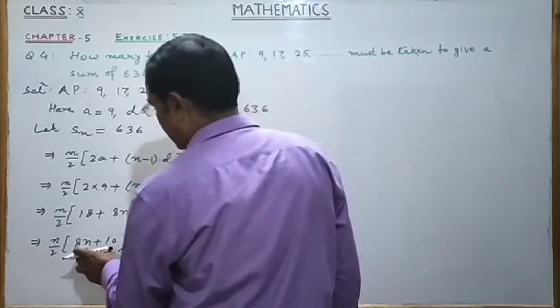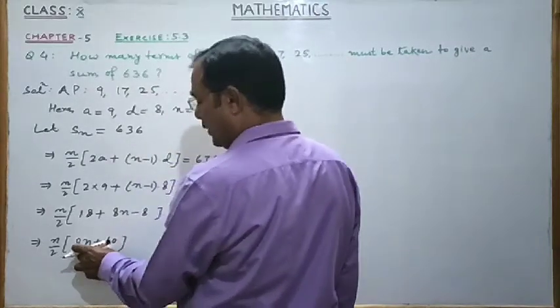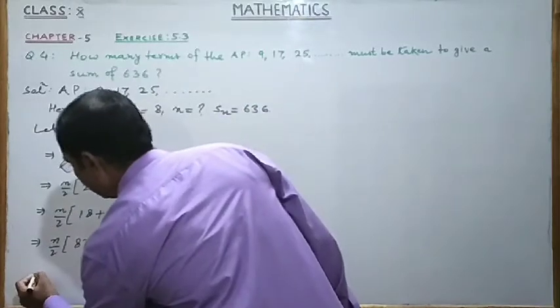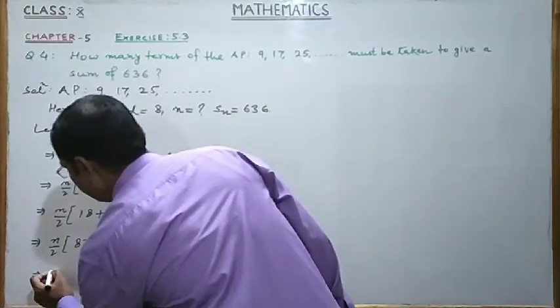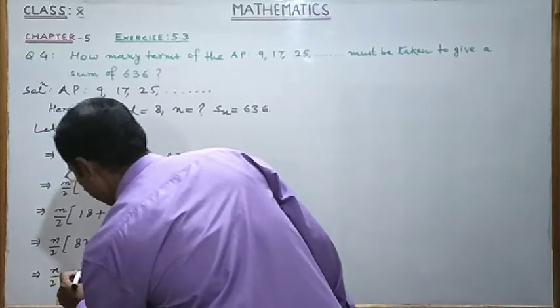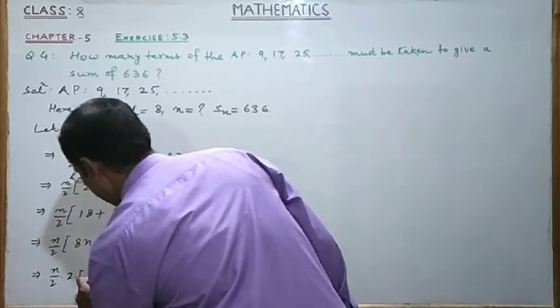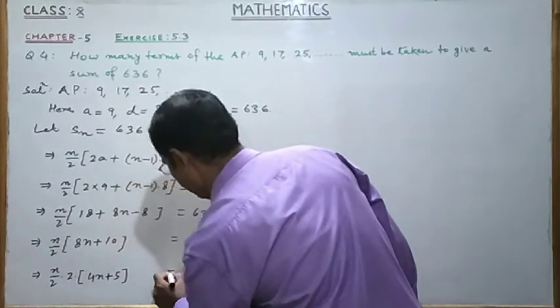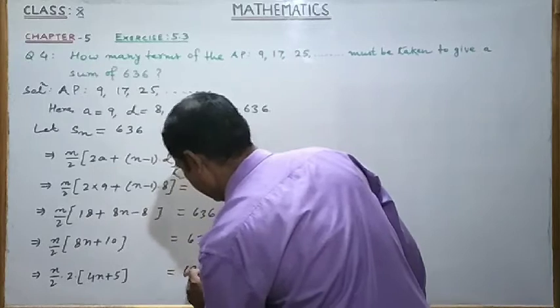Take 2 common from this 8n plus 10 and write it outside. N by 2 into 2 into 4n plus 5 equal to 636.